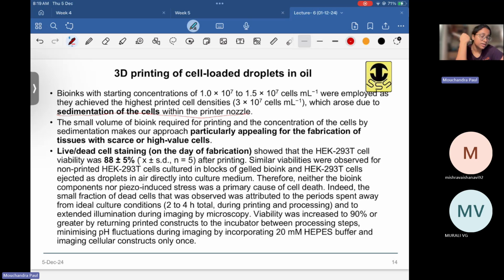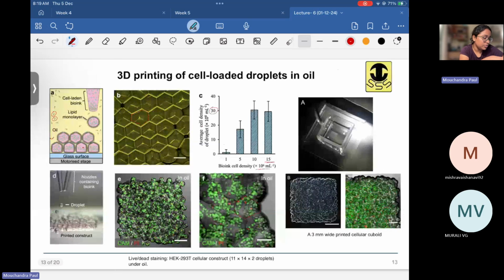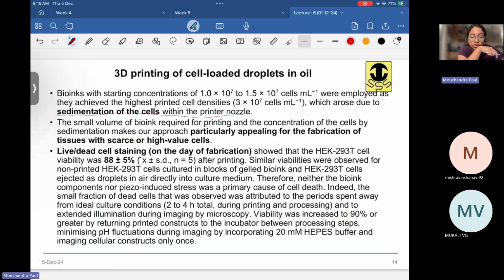Then they did live dead assay, like I showed you in the image. And from the image, they are saying that the cell viability is close to 88%. And similar type of cell viability they are reporting for non-printed cells. If you just encapsulate the cells in a block of the bioink, without subjecting it to any kind of printing mechanism, or when you just simply eject out the cells with droplets, like cells loaded inside the droplets in air.